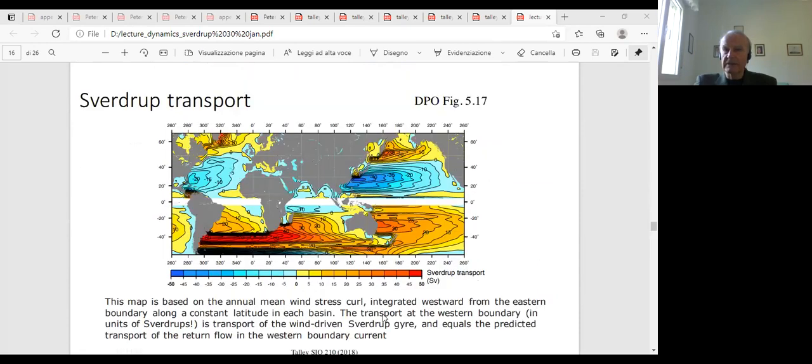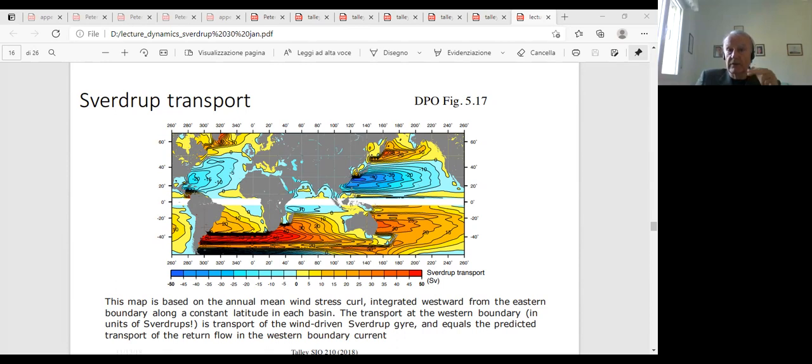And this is the Sverdrup transport. This is obtained from the annual mean wind stress curl. As we said, the Sverdrup transport is obtained from the mean wind stress curl, and you can see that it reflects what is happening in the wind stress curl.